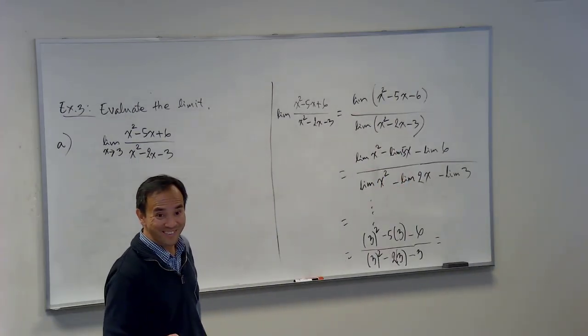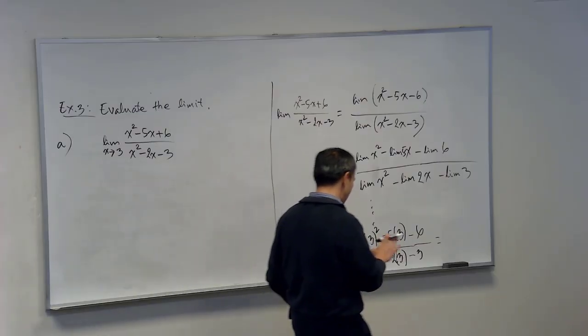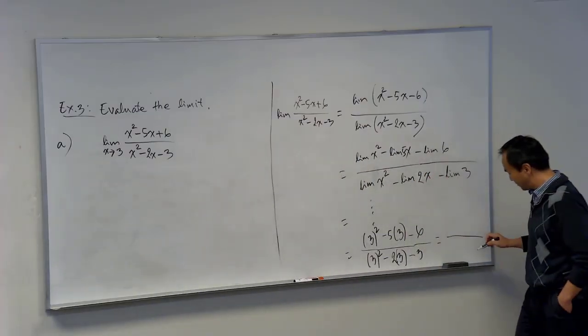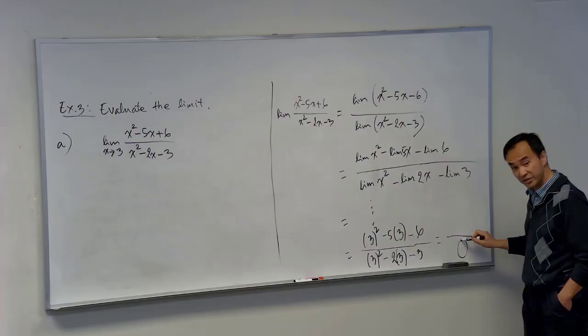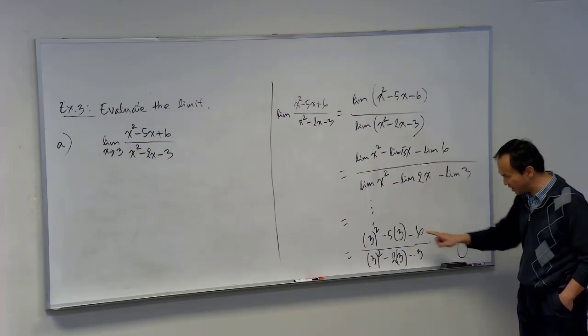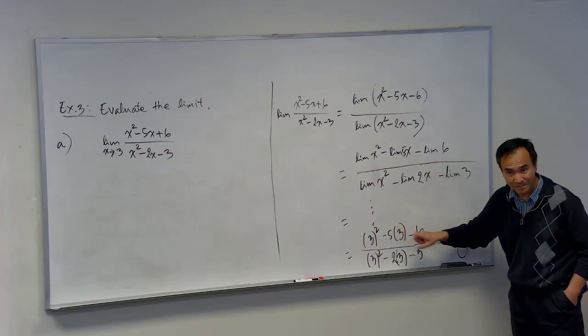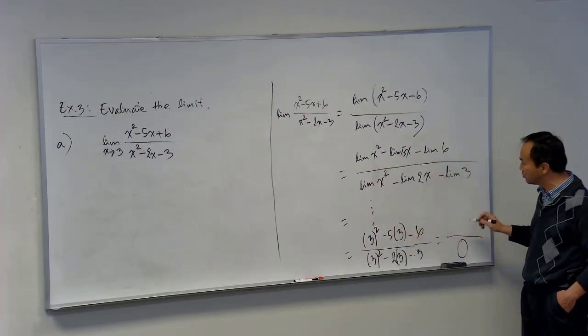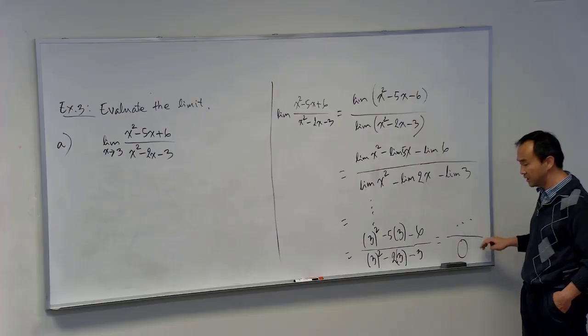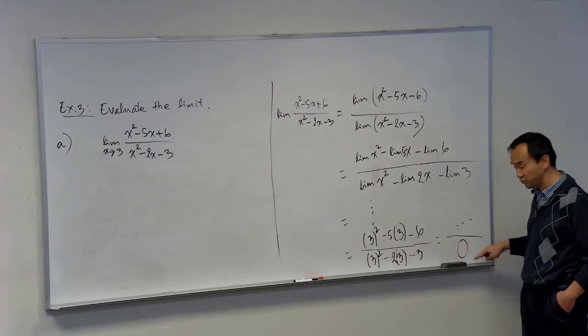Yeah, it comes out, for now, as just divided by a 0 limit. These are all limits. We're not substituting 3 in there; we let x get close to 3. But as we let x get close to 3, the numerator goes to whatever, but the denominator goes right to 0 right here.